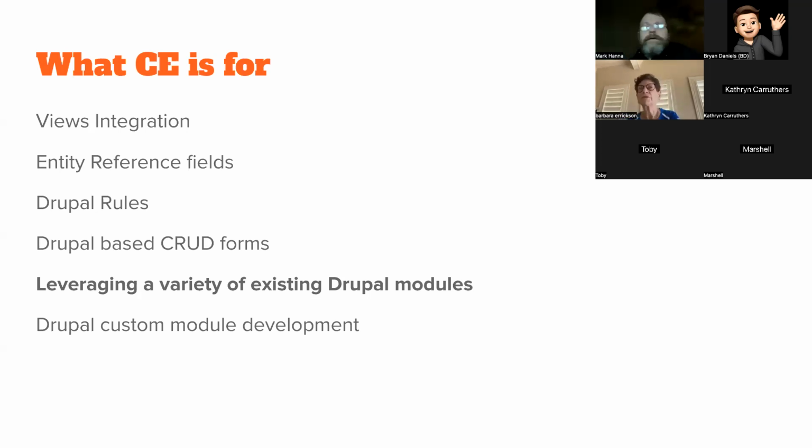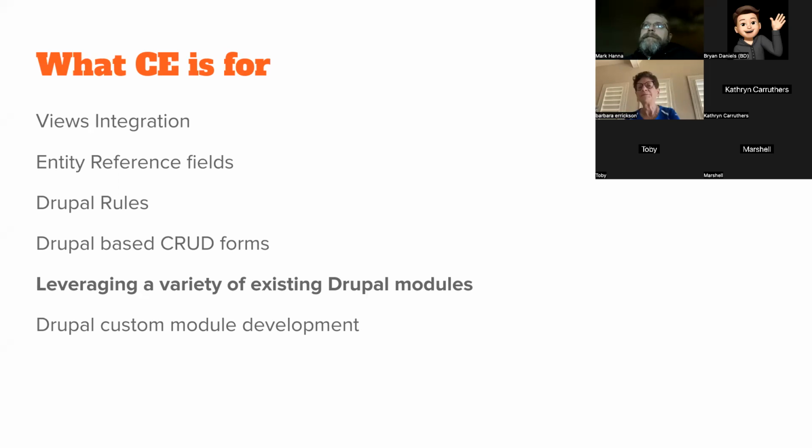If you have a node, maybe you want to reference a contact or events; you can use Entity Reference fields. There's also Rules integration, so you can have a UI-based way to respond to a contact being updated or a membership being created. And there's the Drupal-based CRUD form, so that's create, read, update, delete. There are Drupal-based ways to view CiviCRM data or edit that CiviCRM data.